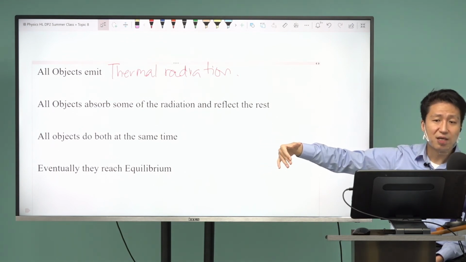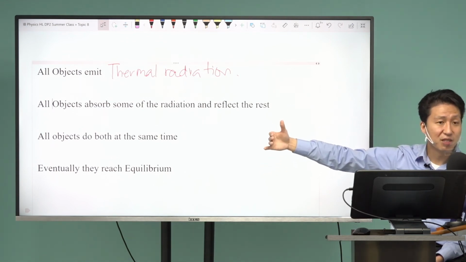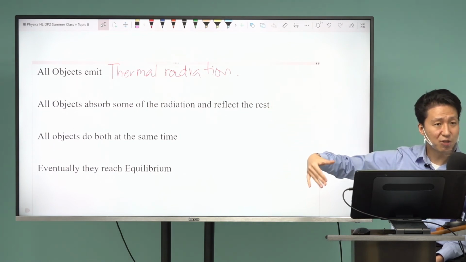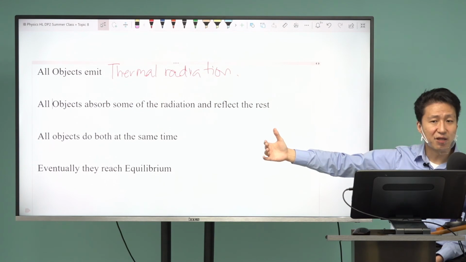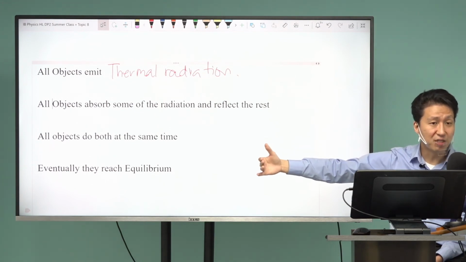Normally, if it reflects 100% of all the radiation on it, it looks more white. If it absorbs more of the radiation, it looks darker.